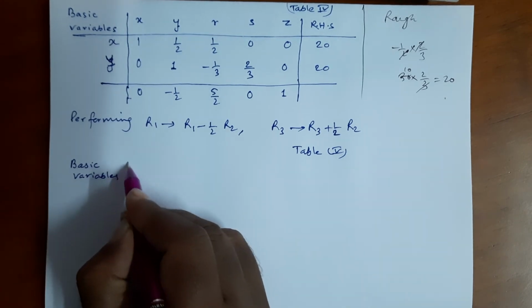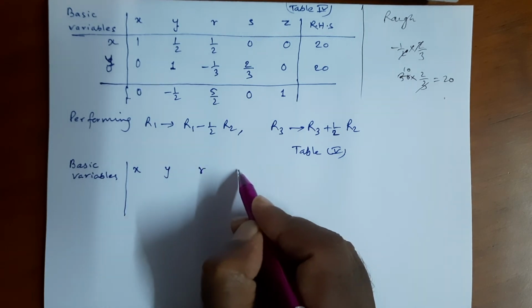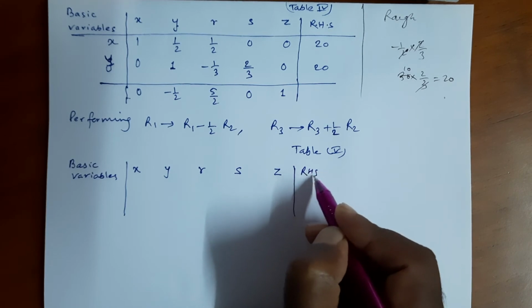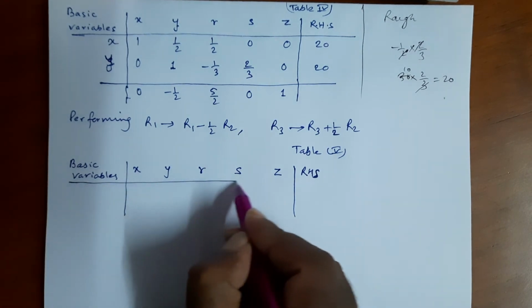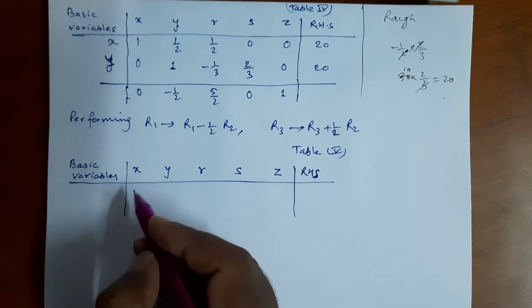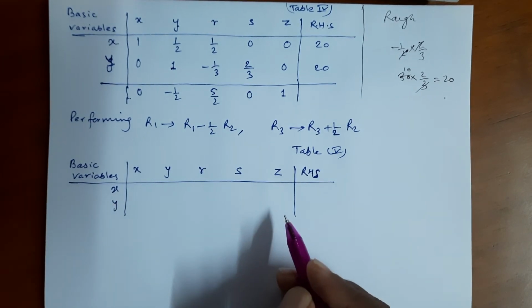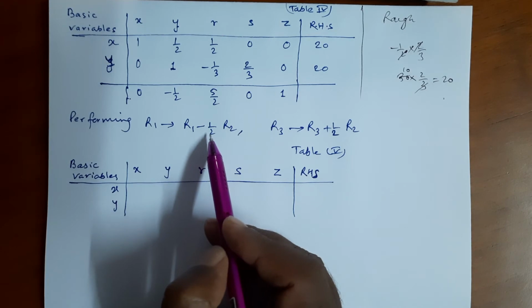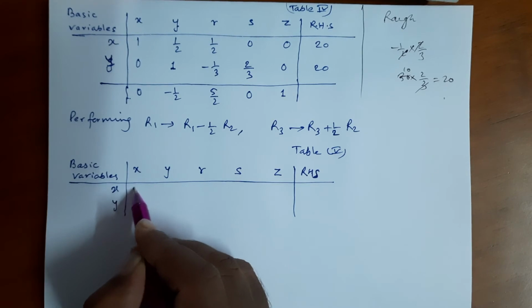Basic variables x, y, r, s, z, RHS, x, y, and here from R1, row 1, half of R2 we have to subtract according to this operation. So 1 minus half of 0 will be 1 again.